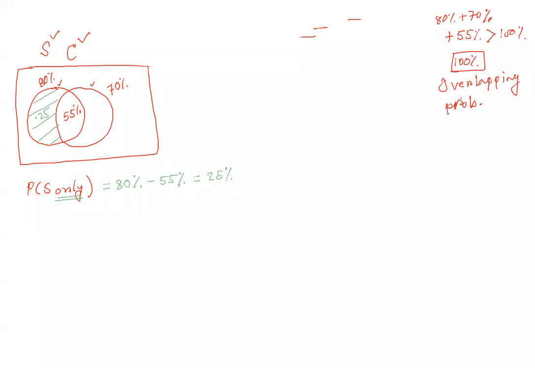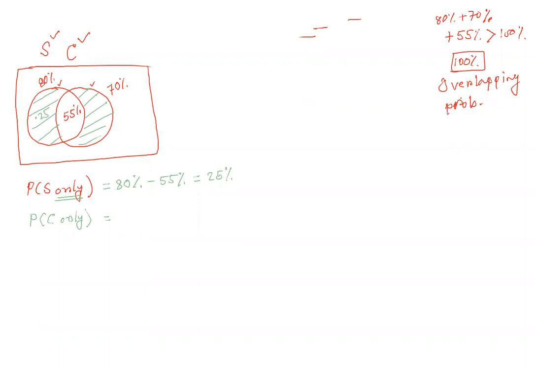The next question: probability that a student passes chemistry only. Now this should be easy. Chemistry only, we are talking about which region? Just this region. Remember, the areas are not proportional.